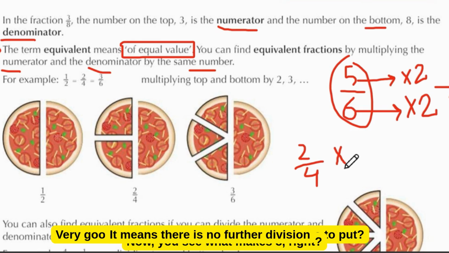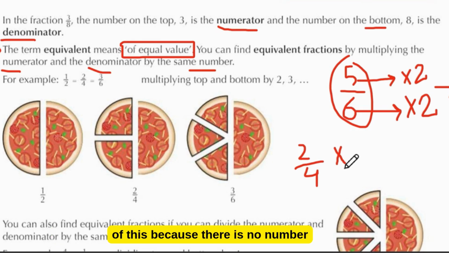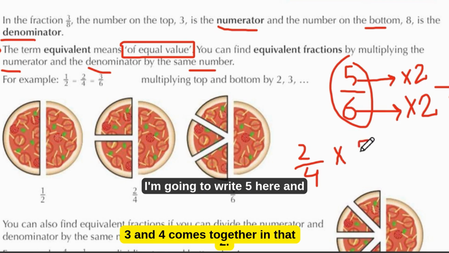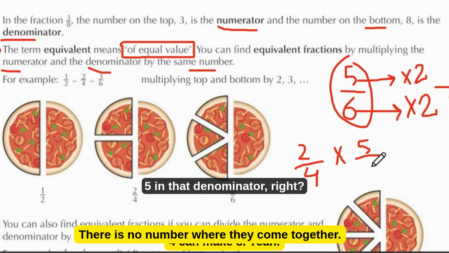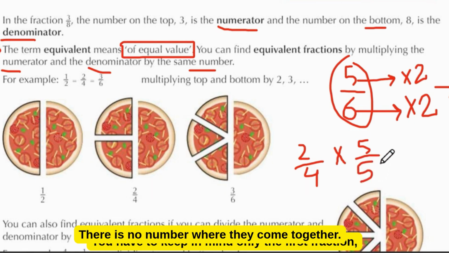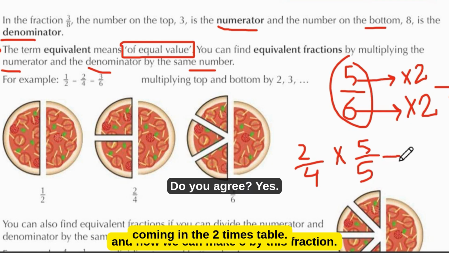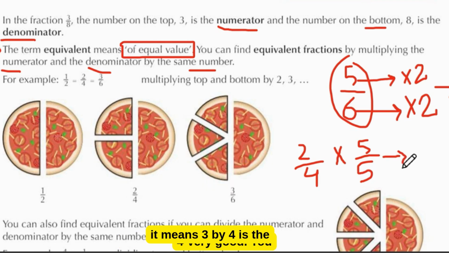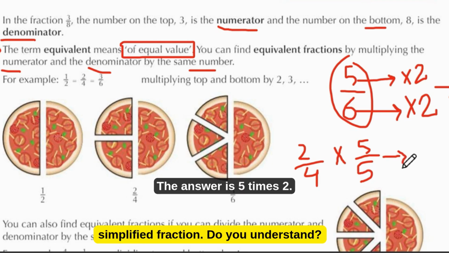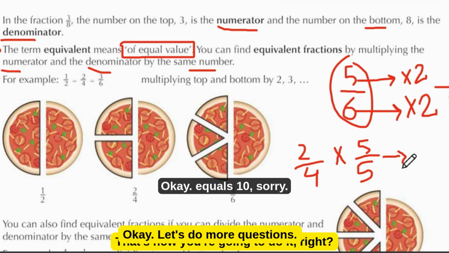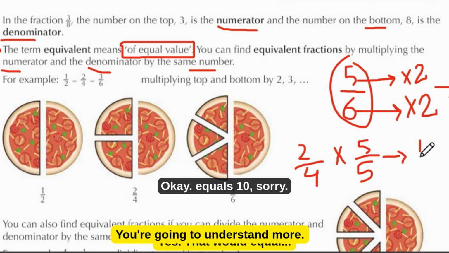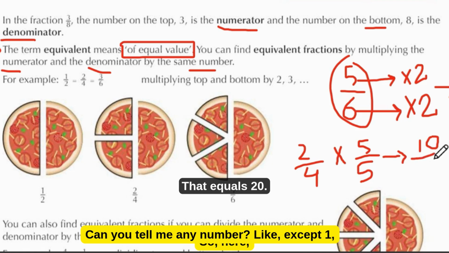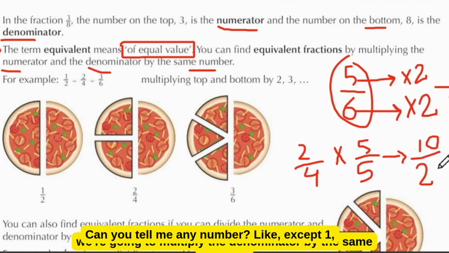And now what number do you want me to put? 5. I'm going to write 5 here and 5 in the denominator, right? Do you agree? Yes. What will be the answer? 5 times 2 equals 10, sorry. And then you do 4 times 5. That equals 20. Very good.